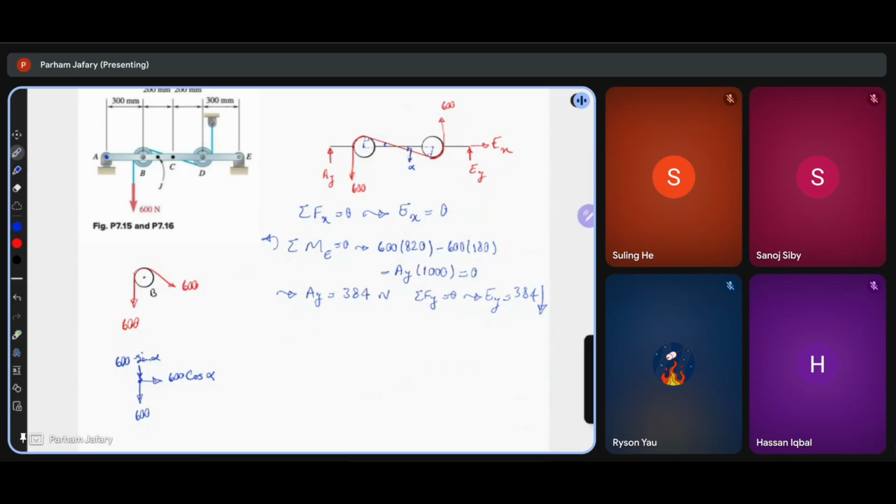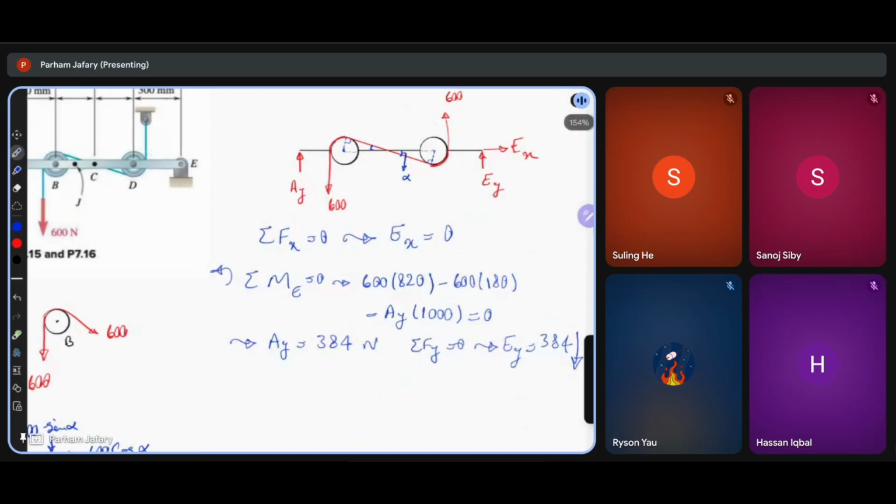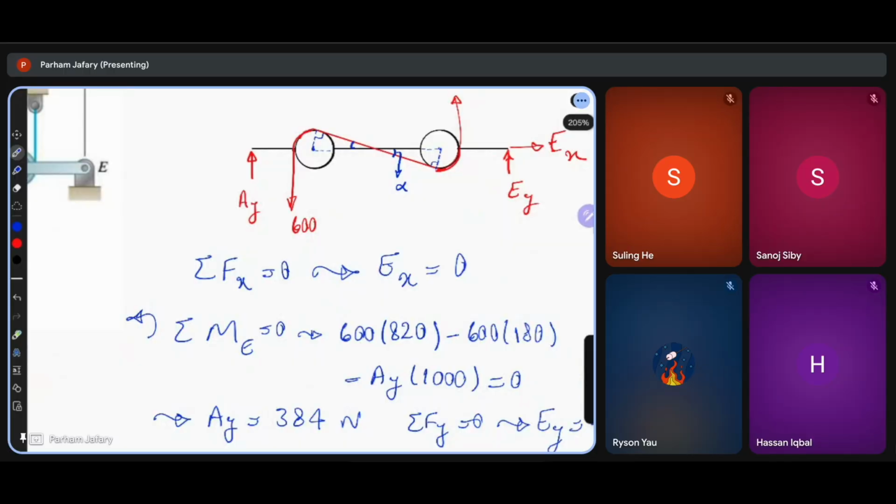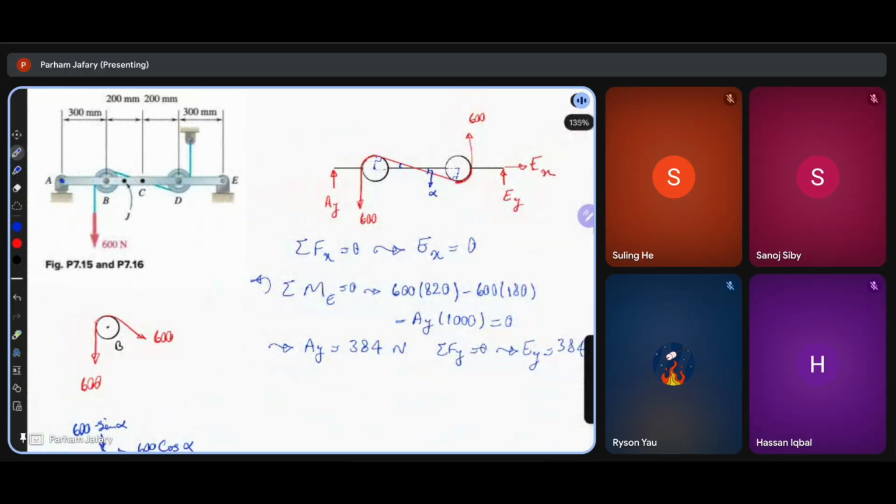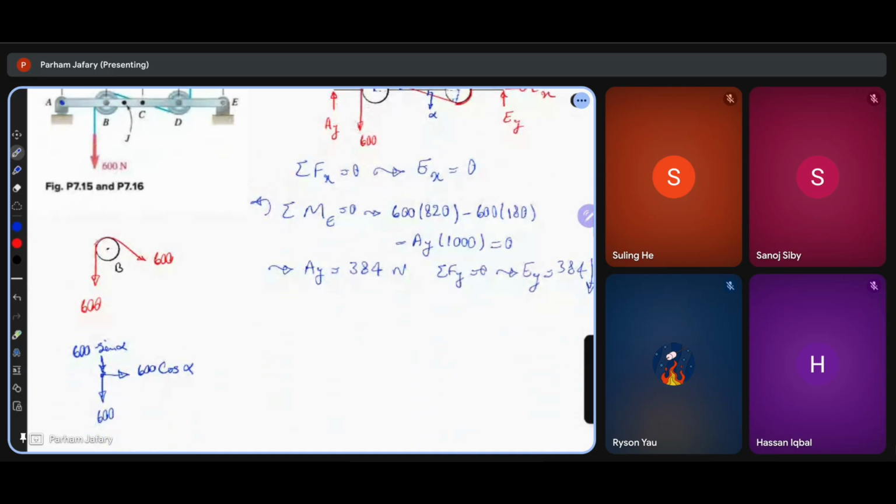Now there is an angle here from where we have the rope and the pulleys. We need that angle. So sine of alpha is equal to 120 divided by 200.